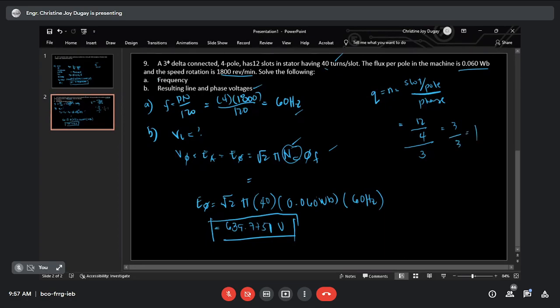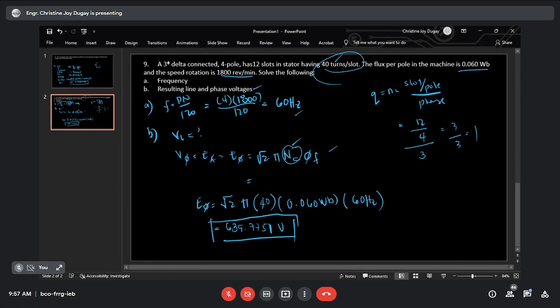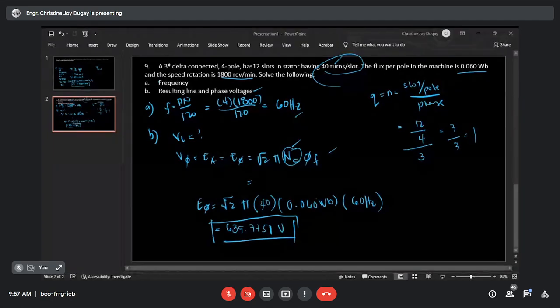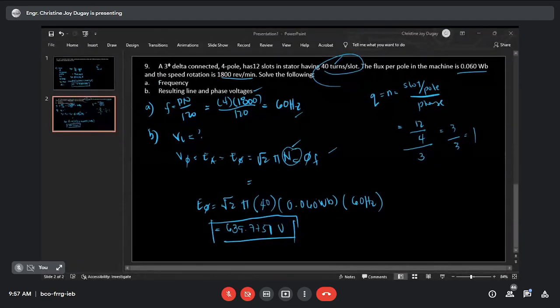So it means this 40 turns per slot is already the per phase. Got it? Yes, ma'am. Is it okay with you, Mr. Salum? Okay. Any more questions or clarification regarding that one?